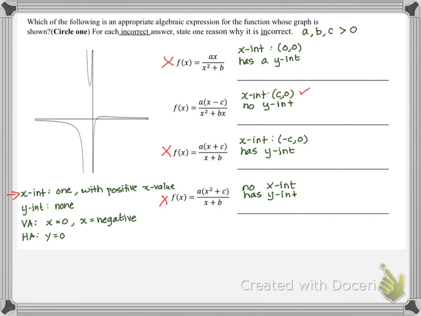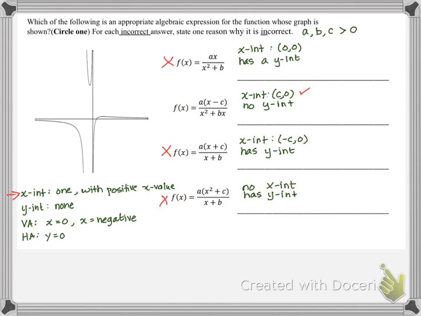What's the vertical asymptote of the first? Okay. That there is none. There is none.